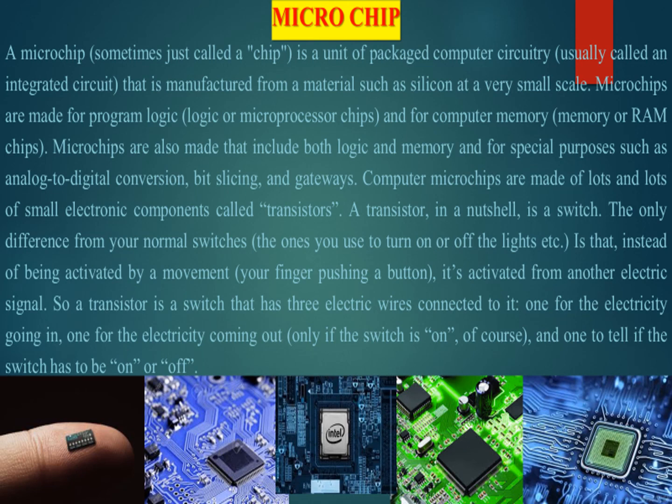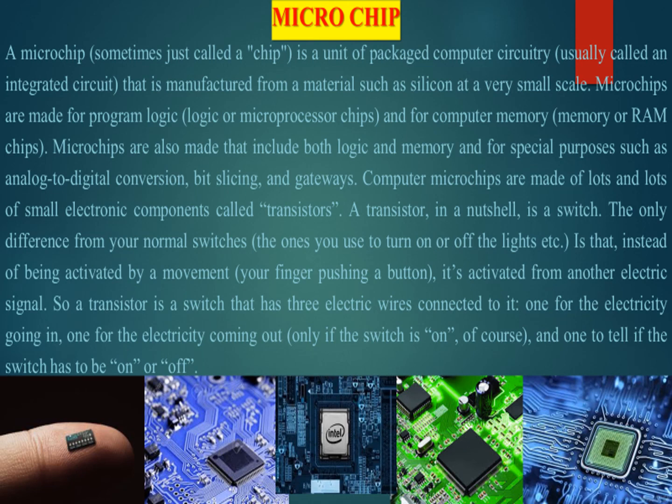Computer microchips are made of lots and lots of small electronic components called transistors. A transistor, in a nutshell, is a switch. The only difference from normal switches, the ones you use to turn the lights on or off, is that instead of being activated by a movement, your finger pushing a button, it is activated by other electronic signals.